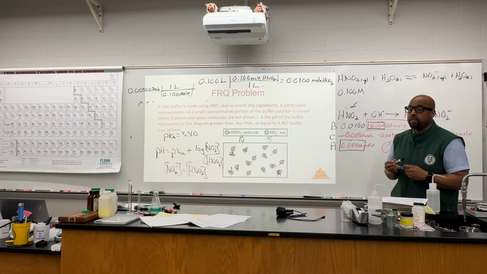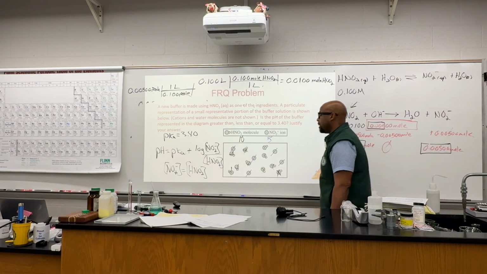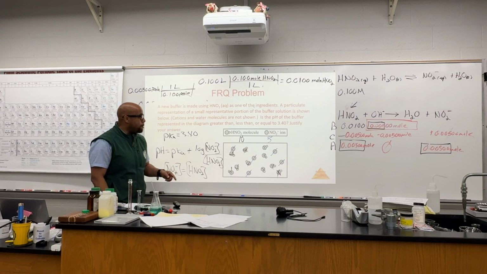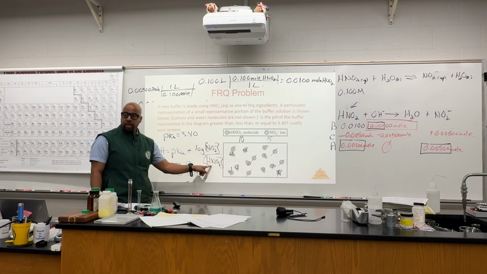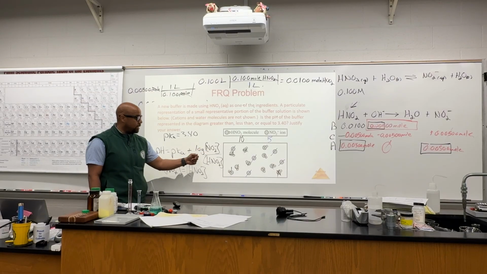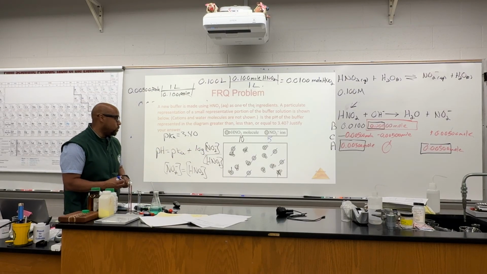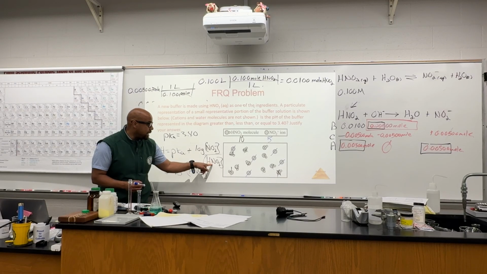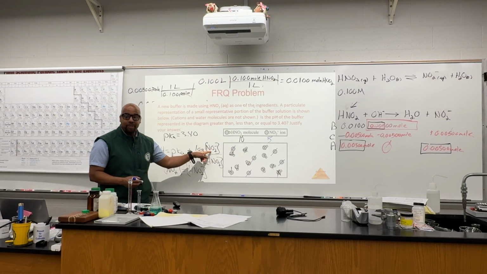Well, if you look at it, I've got two choices here. One is just to look at it and figure out what's going to happen. If I have more of this down here, so more of the weak acid, and less of this, is my log going to end up being positive or negative? Good question. 10 sits down here, 5 sits up there.